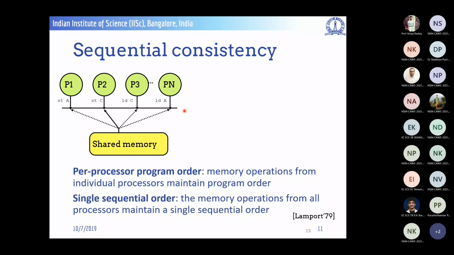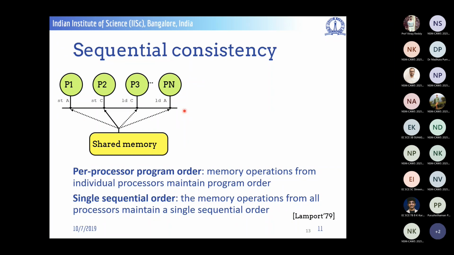So basically, whatever is presented to the hardware or each core, for each thread, that is its program order. What sequential consistency says is that the execution should be such that you should be able to create a global order of load stores to any location from any thread.